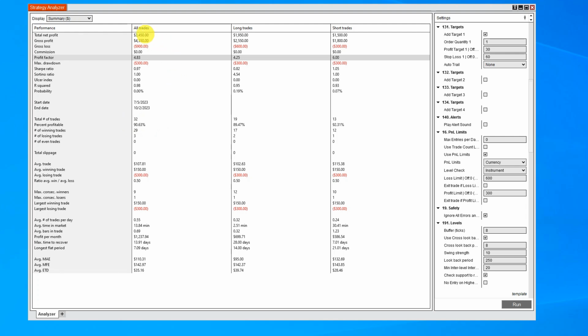Most traders are just looking at the bottom line, the total net profit, as a means of gauging their performance. But that's pretty deceptive. This alone can't tell you the efficiency of your trading system. Not only that, but it also is not going to let you see the risk that you're going through to achieve this.